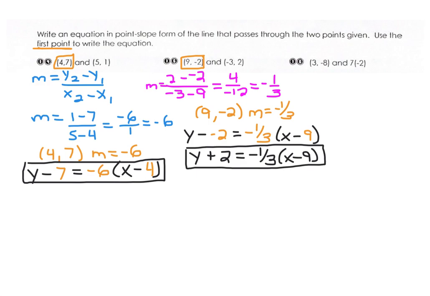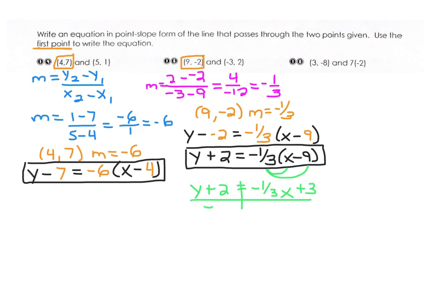Now, just to give it a little bit of practice, let's go ahead and turn that into slope-intercept form just to practice that one more time here. So if we distribute that negative 1/3 to everything inside those parentheses, that would give us y plus 2 equals negative 1/3 x plus 3.